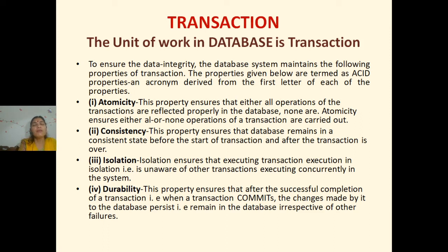Just think, whenever you go to the bank to submit an amount of 5,000, does it ever happen that you submit 3,000 and 2,000 is left with you? No. Either you are able to submit the complete 5,000 at a time, or you will not be able to submit. Fine. So in this way, atomicity says that either all the steps will happen or none will happen.